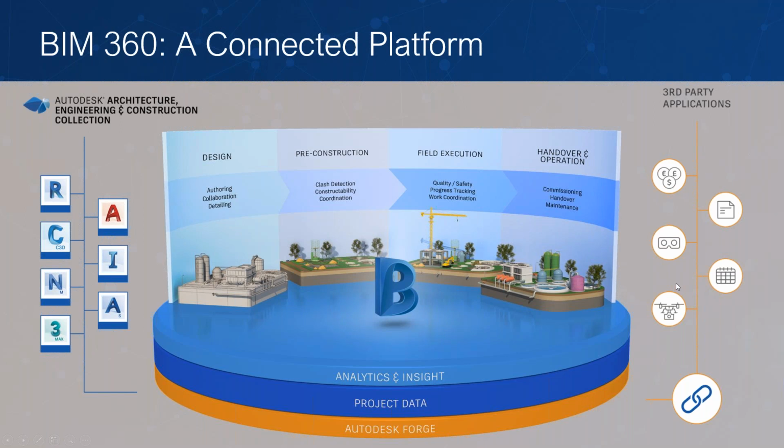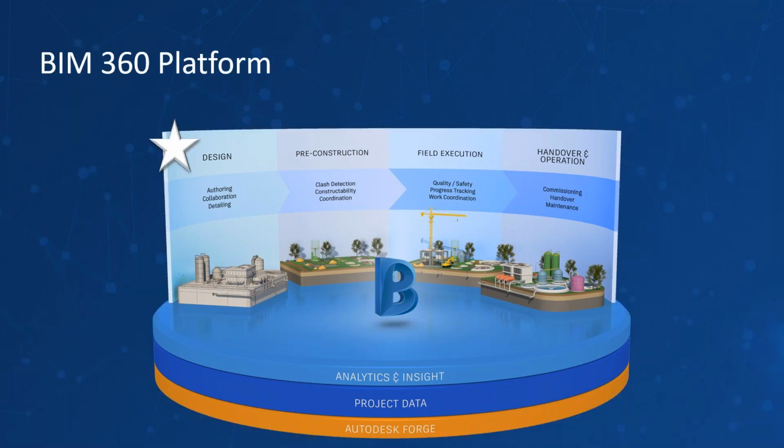It could also lead to integration, which I talked about with Forge, where you want to integrate with a cost solution, with a project management tool, or with something like AR and VR aspects. So all those could be combined, and every piece of information could come together on the connected platform of BIM 360, basically.